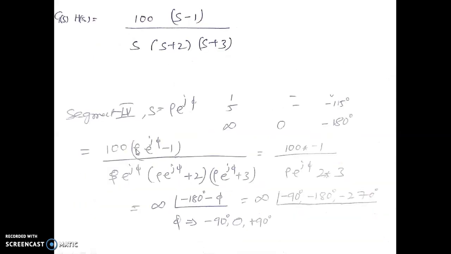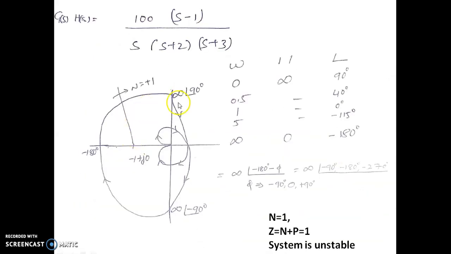Likewise, a similar relay is run in the GH plane. It goes till here, then the second segment is a dot, the third segment comes down here, and the fourth segment again completes the relay by going from infinity at an angle of minus 90 degrees to infinity at an angle of plus 90 degrees.